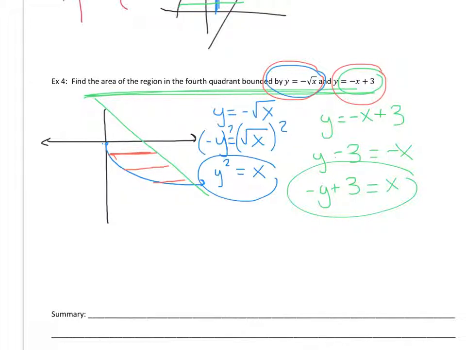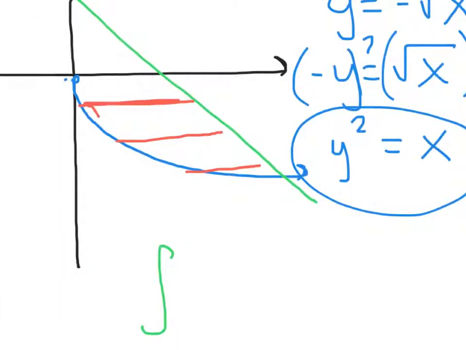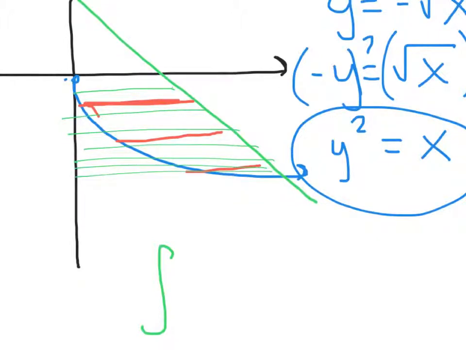Now, we're looking at area to our y-axis. Okay, we want to go all the way to the y-axis. So we've got to figure out what curve is going to be subtracted from the other. So if I zoom in, if I'm just looking at the area of that green line to the y-axis, because I'm with respect to y now, it would go all the way here, right? It would go all the way to the y-axis. So that's the area of the green curve to the y-axis.